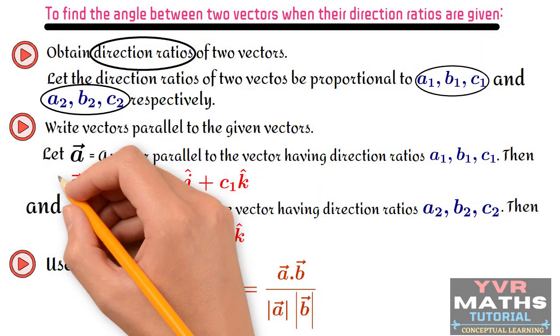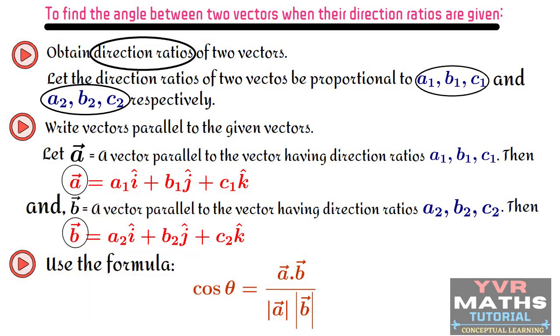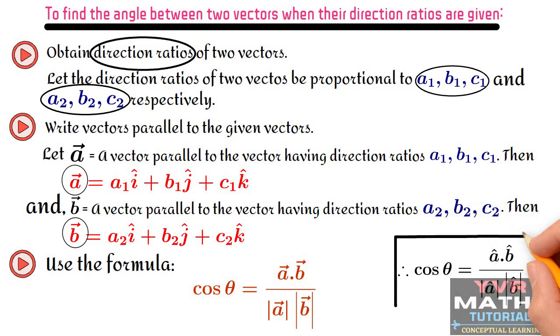If you substitute these two vectors here, then you will get the angle between the two vectors. If you follow this algorithm, then you can solve any type of problem easily. If you apply the same pattern for direction cosines also, by using the formula cos theta is equal to a cap dot b cap by modulus of a cap into modulus of b cap, then you will get the angle between two vectors or two lines.